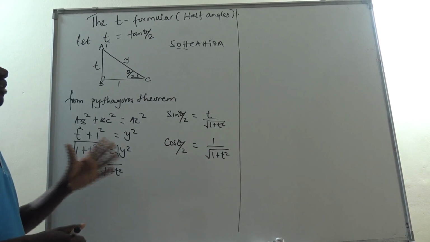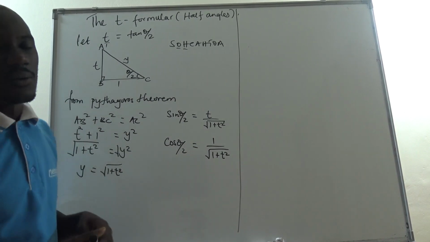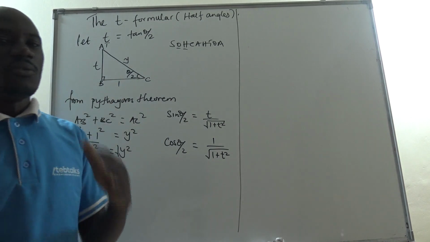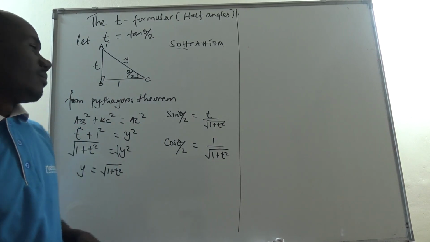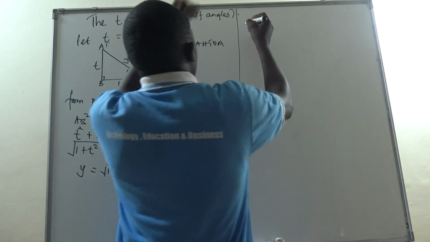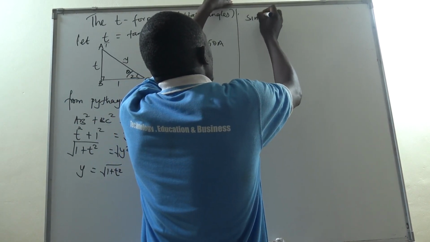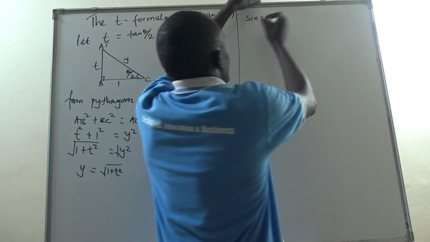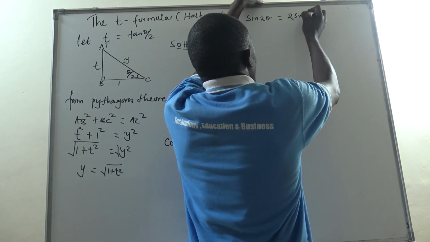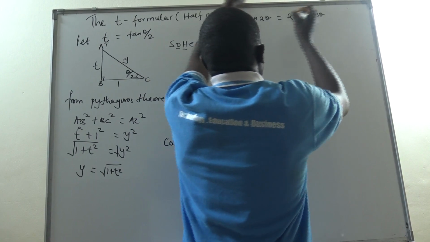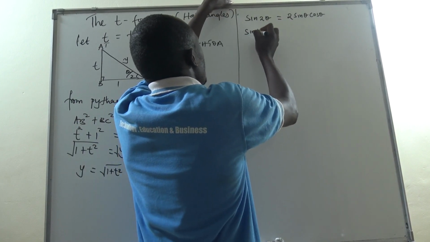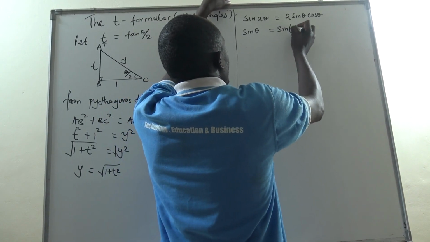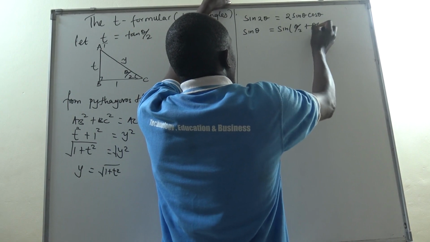So after coming up with these ones, then from the double angle formula or the multiple angle formula we looked at in the last videos, we are going to look at the scenario of sin theta alone. Recall, when we had sin 2 theta, it was a double angle, given as 2 sin theta cos theta. Now if I have sin theta alone, it is the same as sin of theta by 2 plus theta by 2.